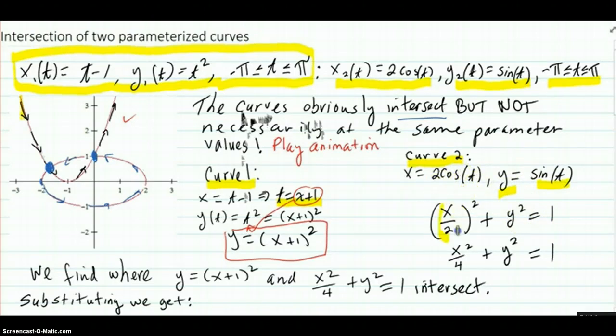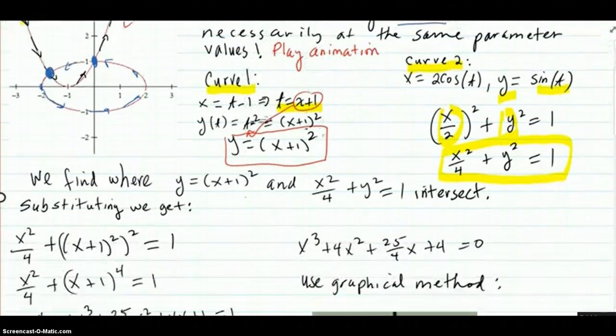So cosine squared plus sine squared is 1. So (x over 2) squared plus y squared equals 1. So here's your equation in terms of x and y. So we just want to find out where those curves intersect.